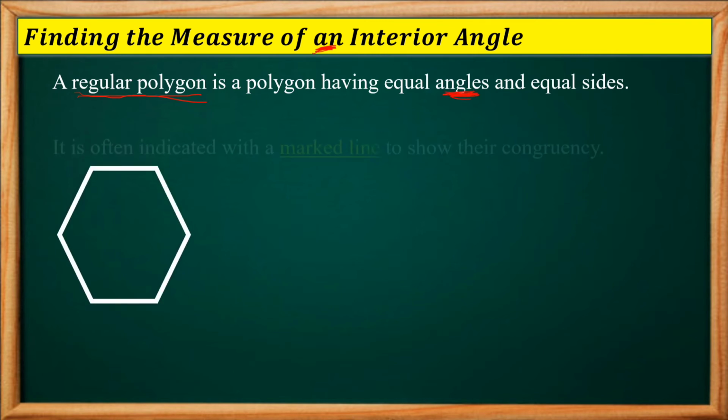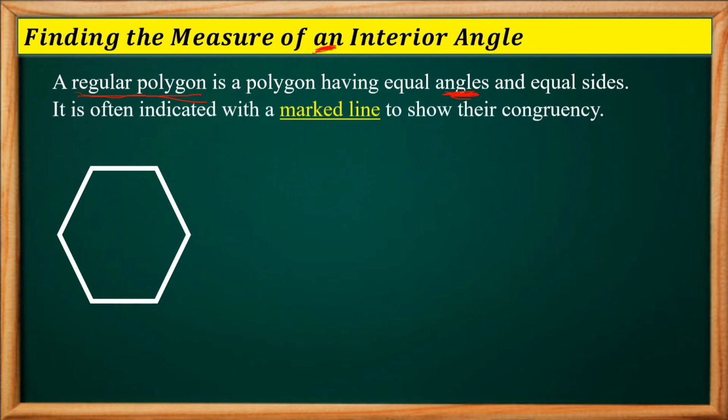Example on this part, it is an example of a regular polygon. Those marked lines show that those sides are congruent. If those sides are congruent, then it means that all angles are also congruent. All of these angles are congruent.